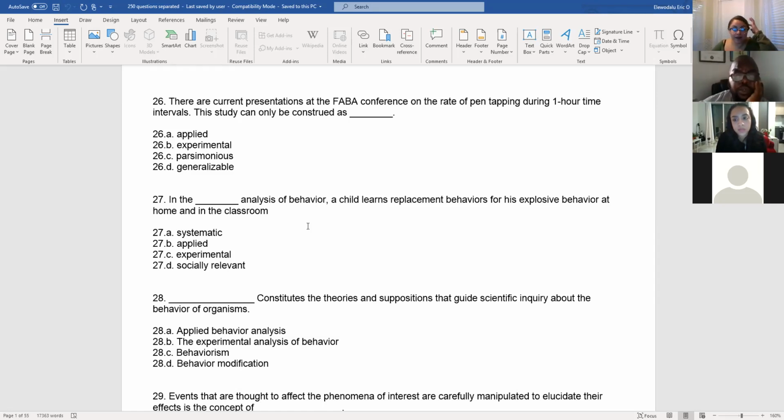This study can only be construed as experimental, because applied, yeah, that's what I'm thinking. Applied or experimental. Experimental. Applied just means it's socially significant to the individual. Sorry, I'm just going out into the world. I said applied. Yeah, experimental, 26. 26B, experimental.